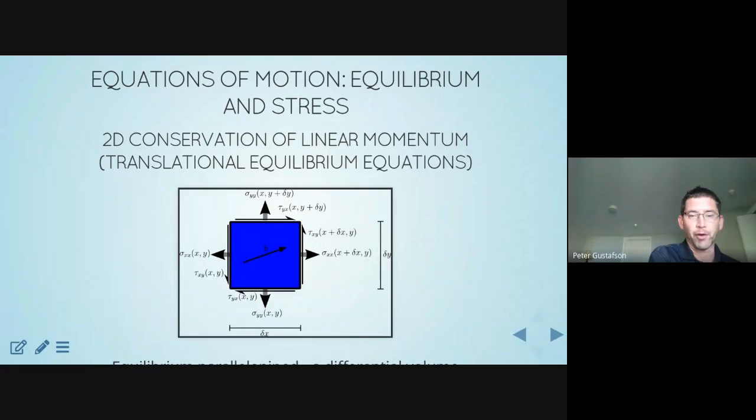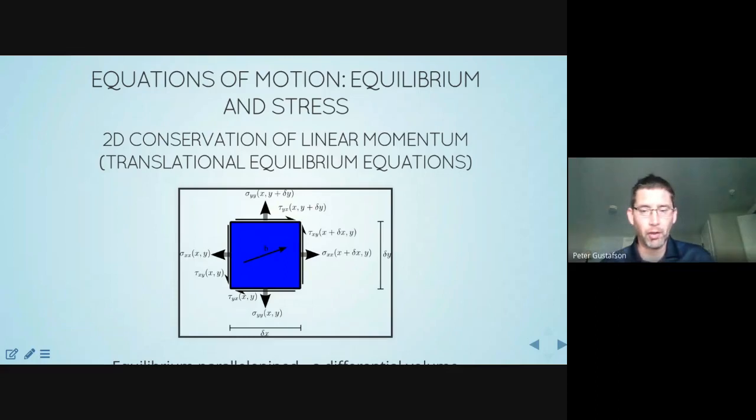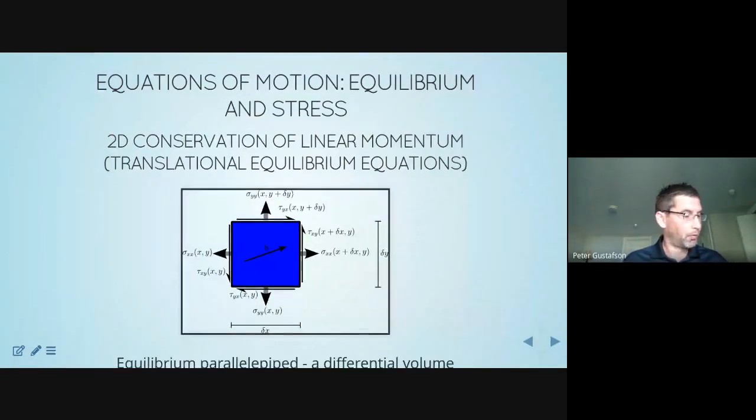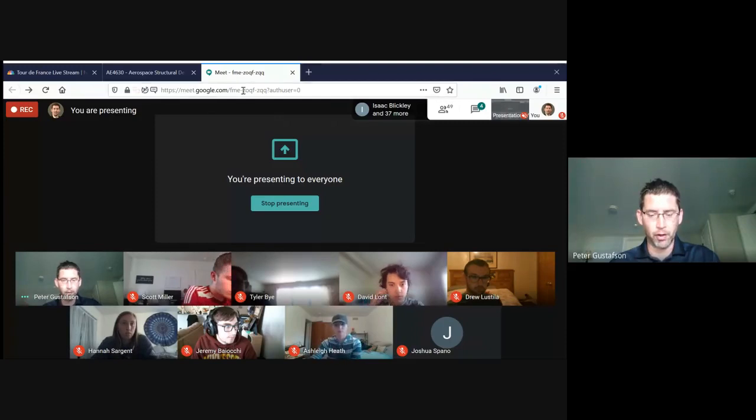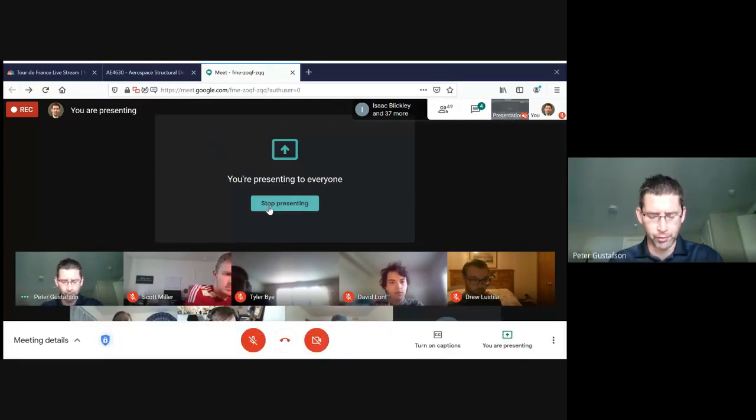Every time I go from computer to computer, I seem to lose a little bit. Can you guys see my screen? I feel like you're not seeing my screen at this point.